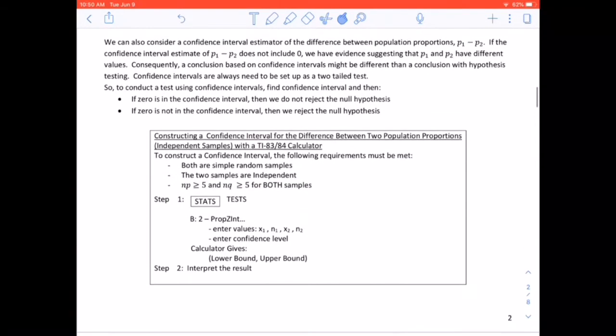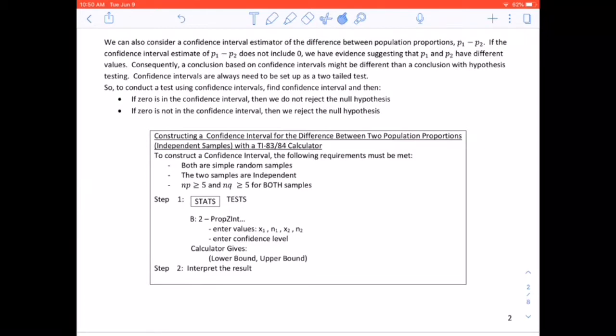So we can also consider a confidence interval estimator of the difference between the population proportions, P1 minus P2. If the confidence interval estimate of P1 minus P2 does not include 0, we have evidence suggesting that P1 and P2 have different values. Consequently, a conclusion based on confidence intervals might be different than the conclusion with the hypothesis test.